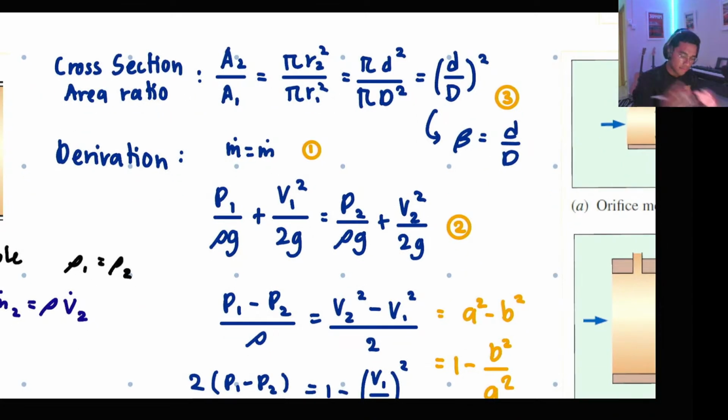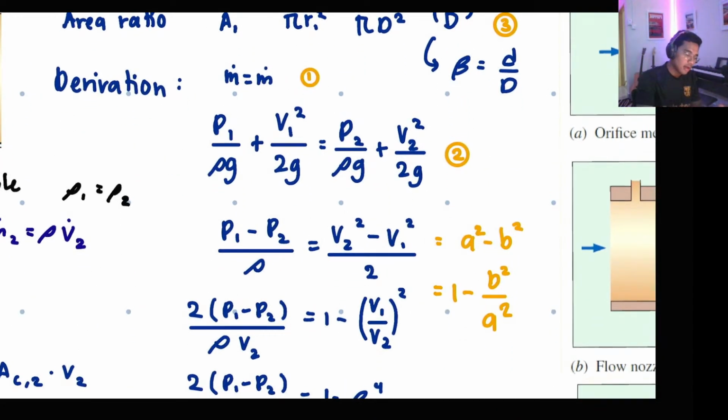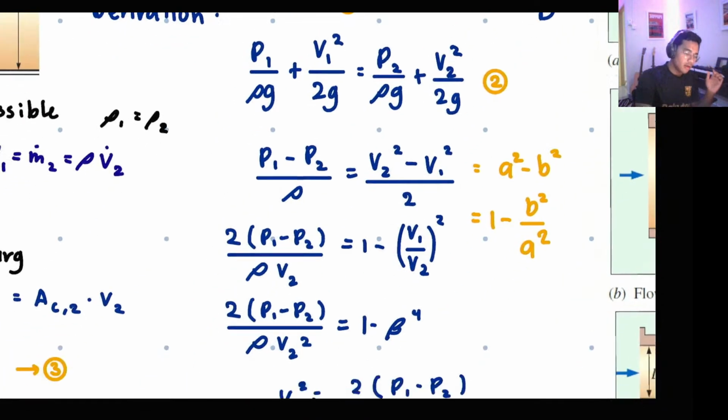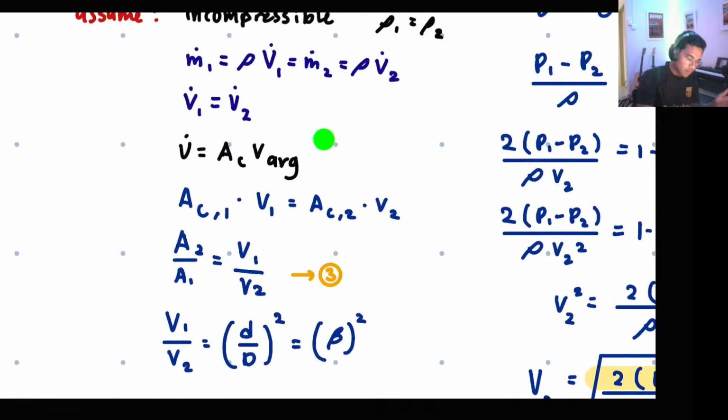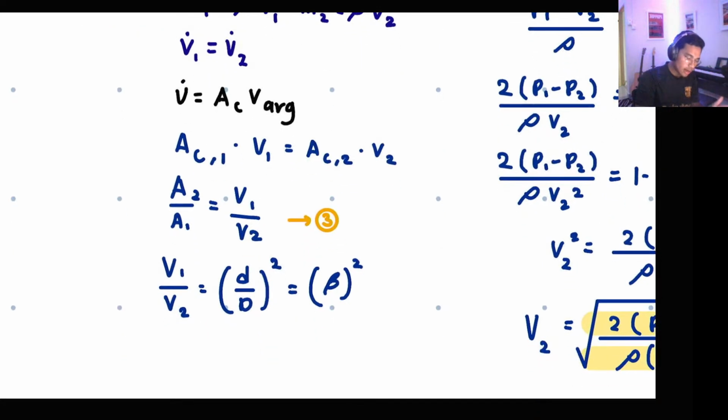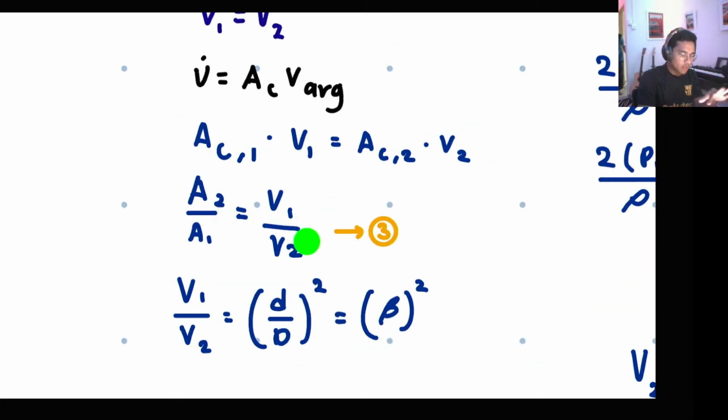So that's the first simultaneous equation. The second one is the conservation of mass and also the conservation of energy. From the conservation of mass, we know that the velocity relates to the area: the bigger the area, the smaller the velocity.